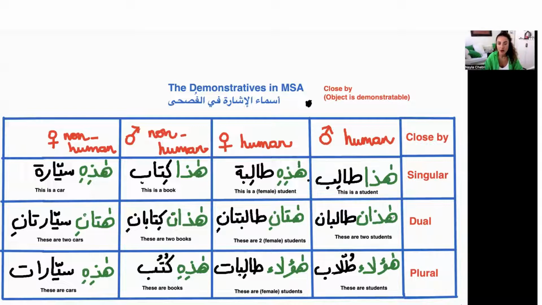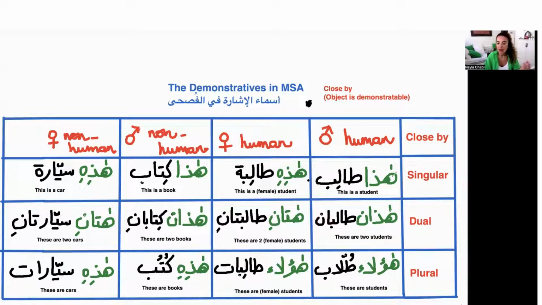So this table shows you which demonstrative to use when you're pointing to an object or to a person if it's close by, so within reach. If our subject we are pointing at is a human and he's male, so we use هذا.